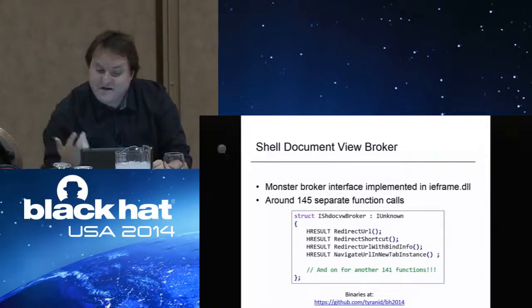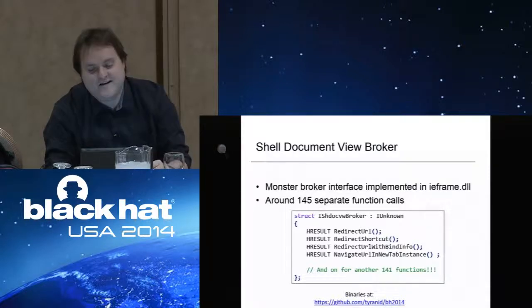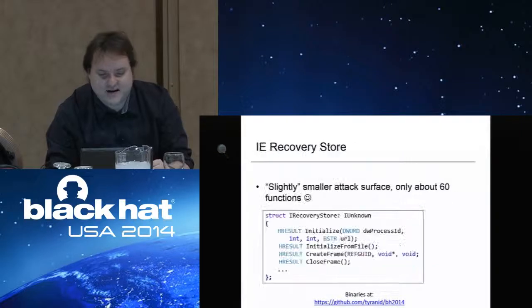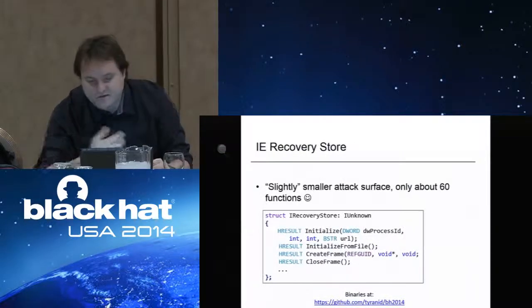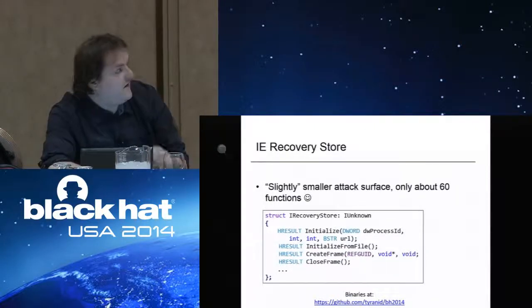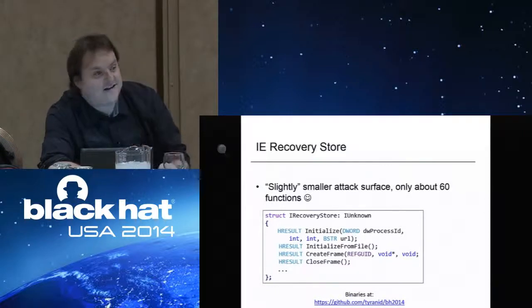And in my opinion, 140 odd functions is too many to be a secure object. And it turns out that there were various security issues in that. But I thought I'd go for something else because it was a slightly smaller attack surface. Instead of 145, I only had 60 to worry about. That's certainly fewer functions, at least.